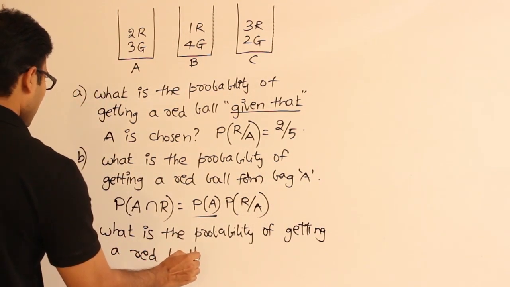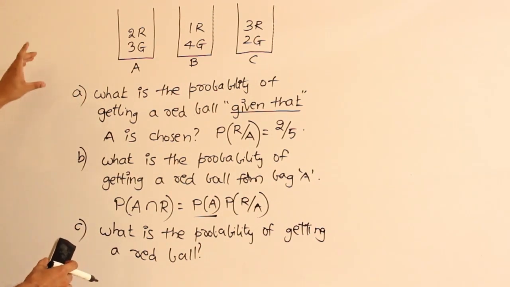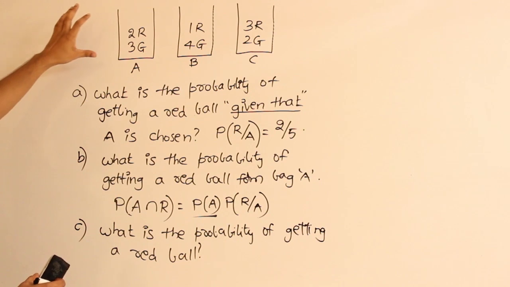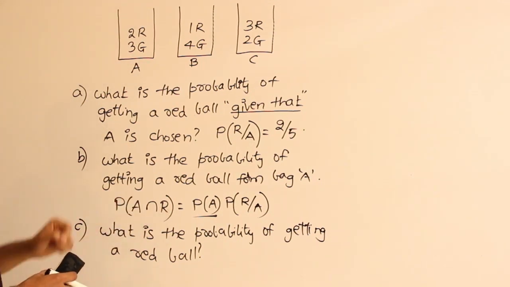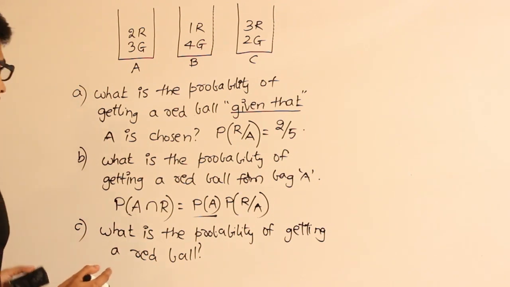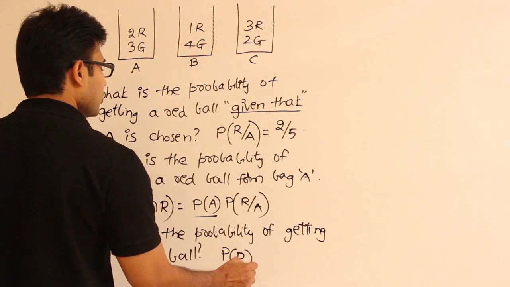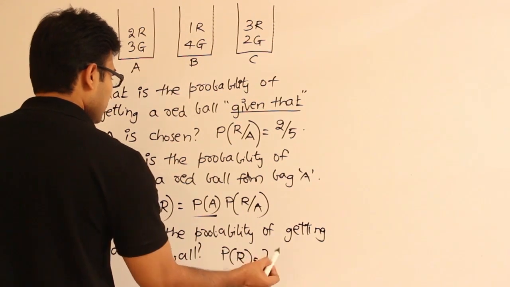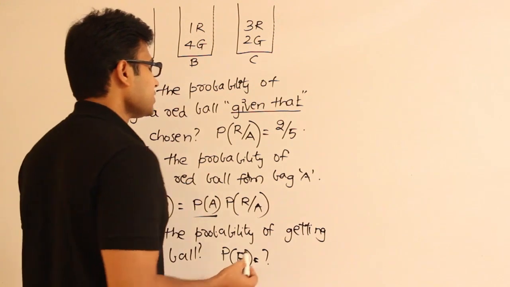Before asking all three questions, there will be a statement saying that we are conducting a random experiment where we choose a box and then a ball from it. So what is the probability of getting a red ball means they are asking about P of R, the probability of getting a red ball, which is nothing but the total probability theorem, isn't it? Here we are going to use the total probability theorem.